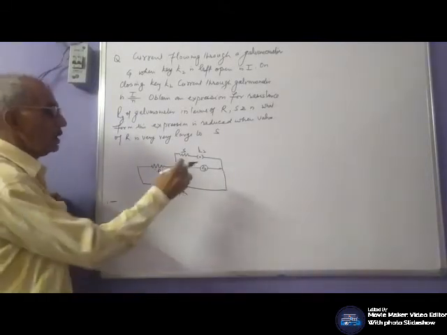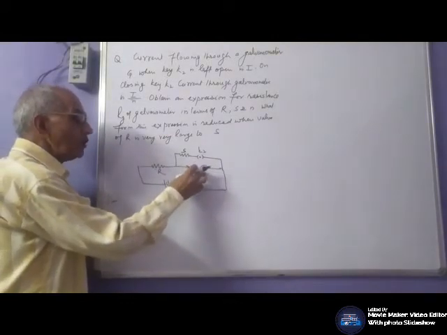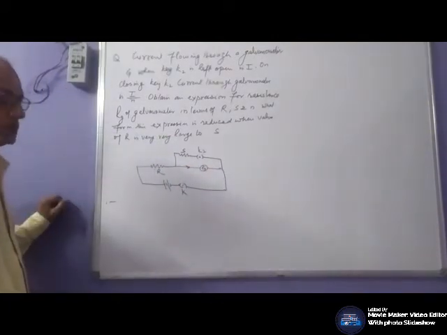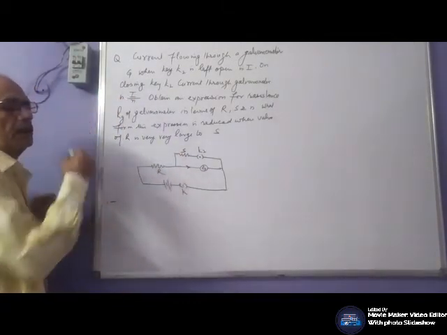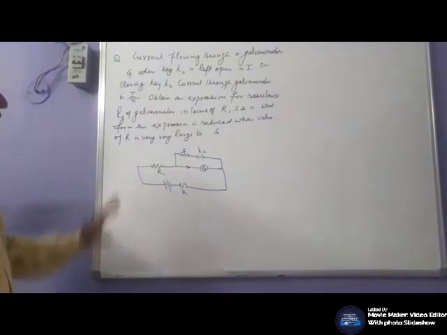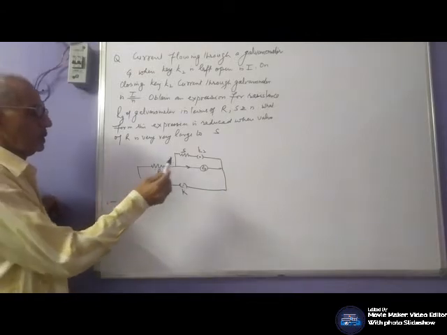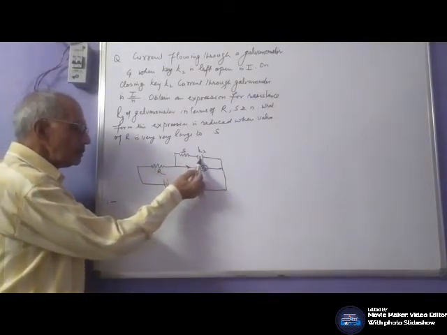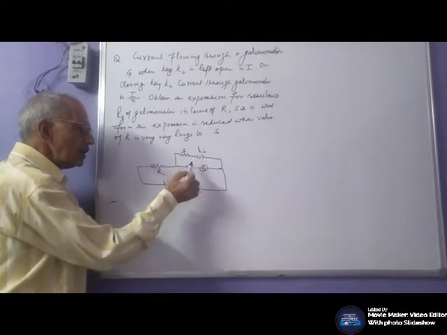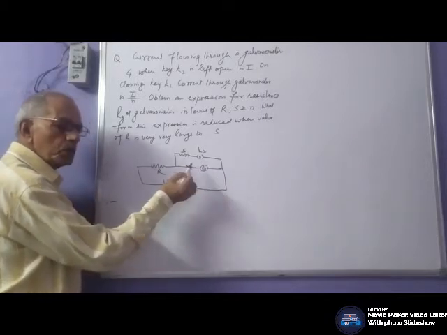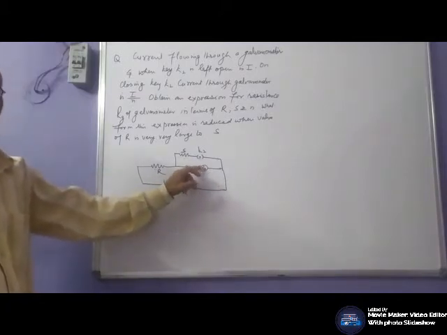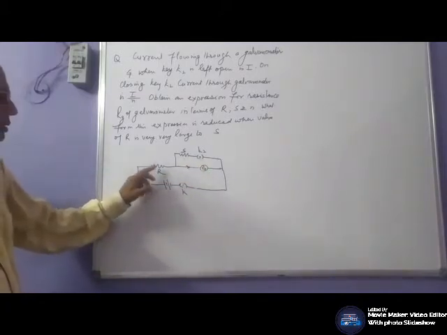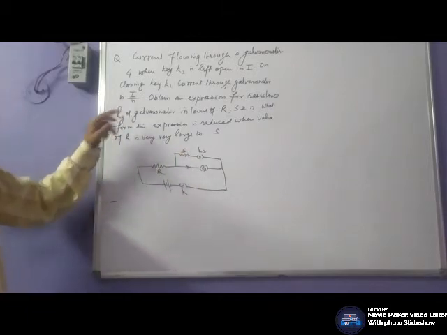We have to find the resistance Rg of the galvanometer in terms of S, R and small n.